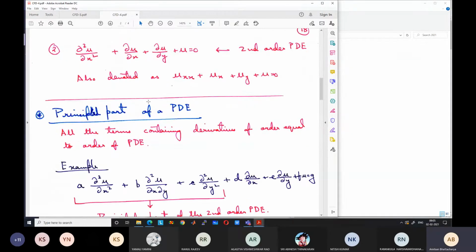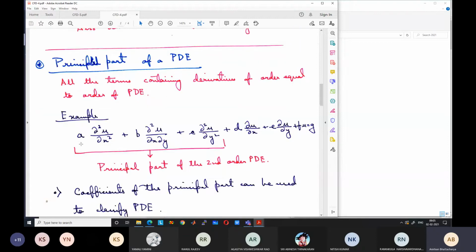Then we have seen what the principal part of a PDE is. It includes all the terms which contain the highest order terms. For example, for this general second order PDE, these three second order terms constitute what is known as the principal part of the PDE.